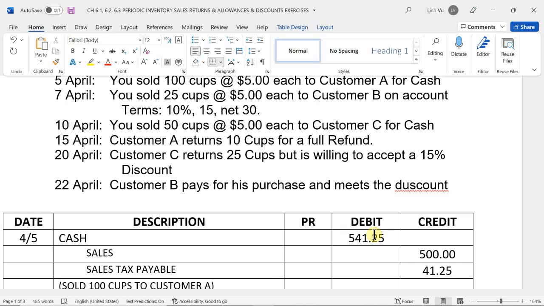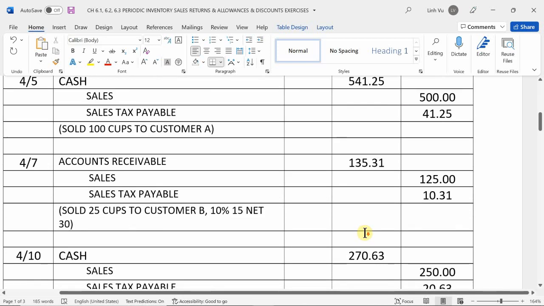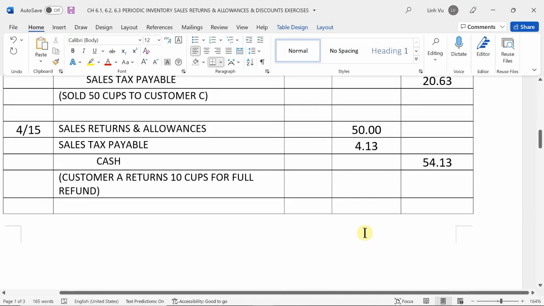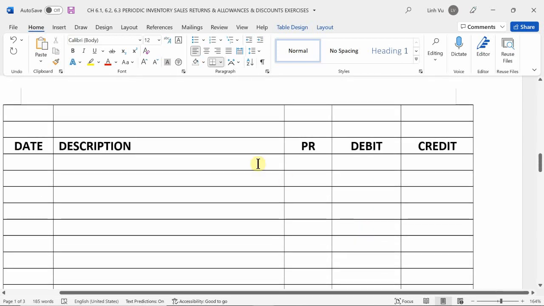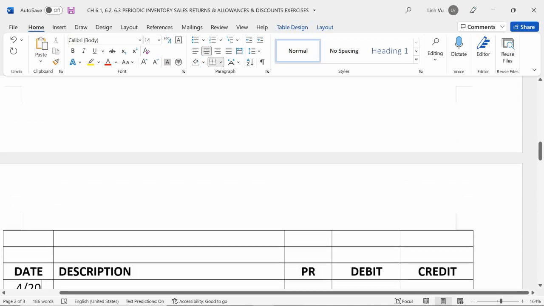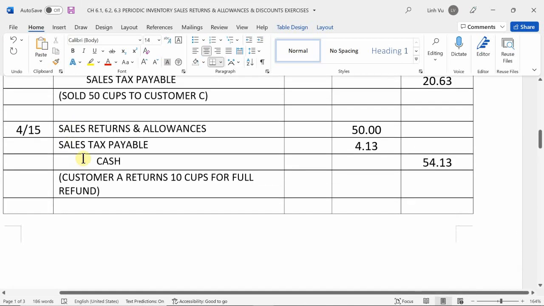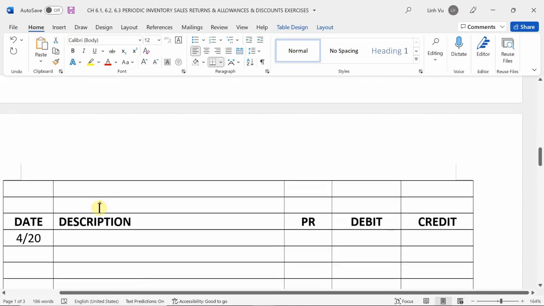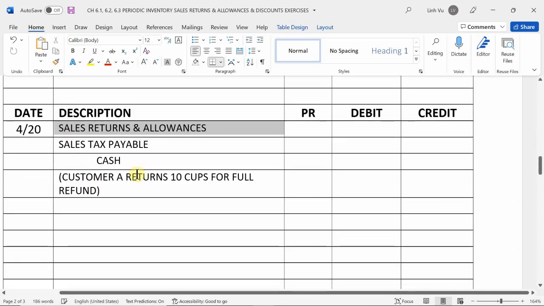So in this case, how do I record this transaction? It would be the same as what happened on April 15th. We used sales returns and allowances and sales tax payable for debit.